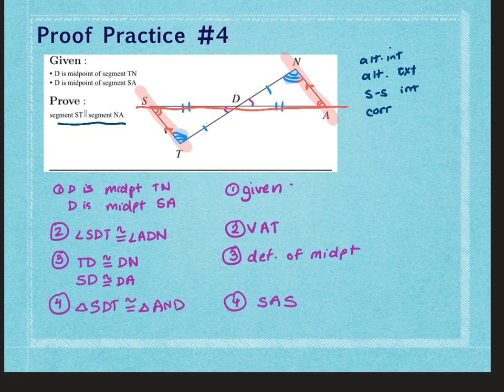You can either say T is congruent to N, and those would be alternate interiors based on this transversal, or you can say S is congruent to A based on the other transversal. So you can choose either. Step 5 could be angle S is congruent to angle A, or angle T is congruent to angle N, and the reason is CPCTC.